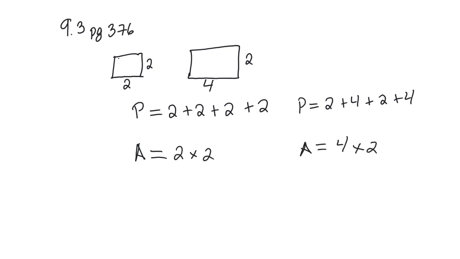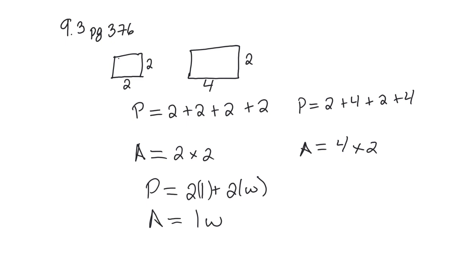So perimeter for a rectangle or square, if we want to write the formula, is going to be 2 times the length plus 2 times, I'm going to put that in parentheses, times the width, right? For area, it's going to just be length times width. So I would write those down in case you forgot. If you remember, then you're good.